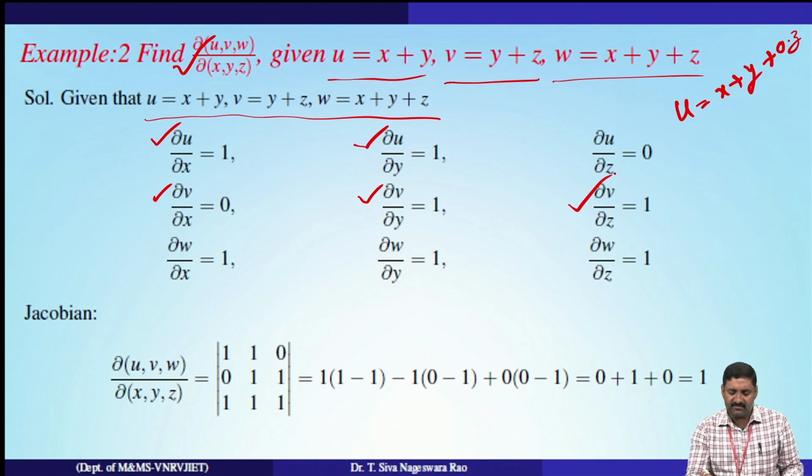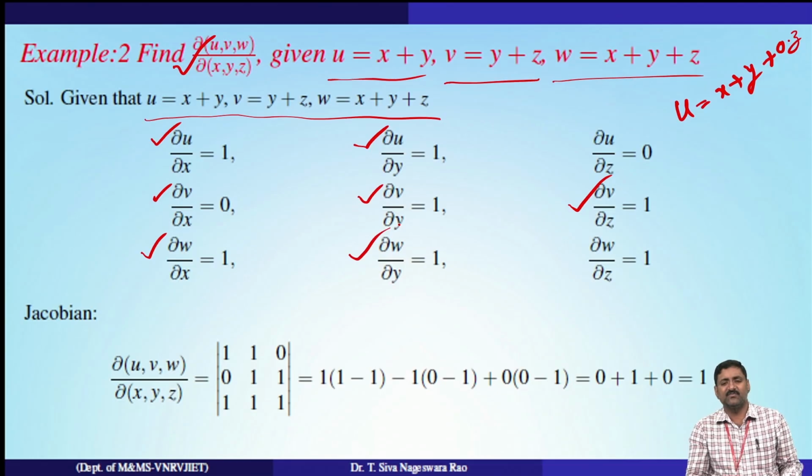Similarly, the partial derivative of v with respect to z is also 1. Now we find the partial derivative of w with respect to x by treating y and z as constant. Again, it is 1. Similarly, dou w by dou y is also 1 and dou w by dou z is also 1.